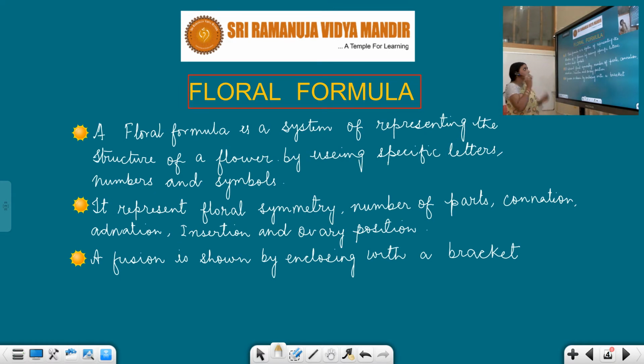A floral formula is a system of representing the structure of a flower by using some scientific letters, numbers and some symbols.